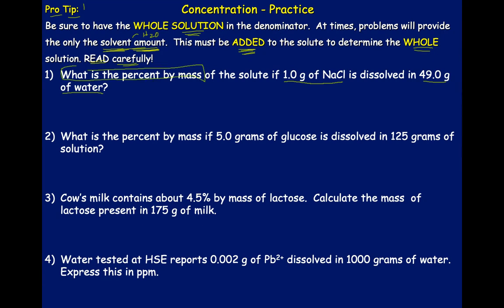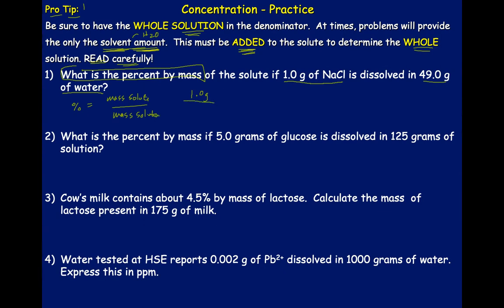What I like to do is box off the question. My percent by mass is going to equal the mass of the solute over the mass of the whole solution. Now, remember what I said: they're giving you the mass of the solute, so it's going to be 1.0 grams of your NaCl. However, they're only giving you 49 grams of water. Water is not the solution. Water is the solvent.